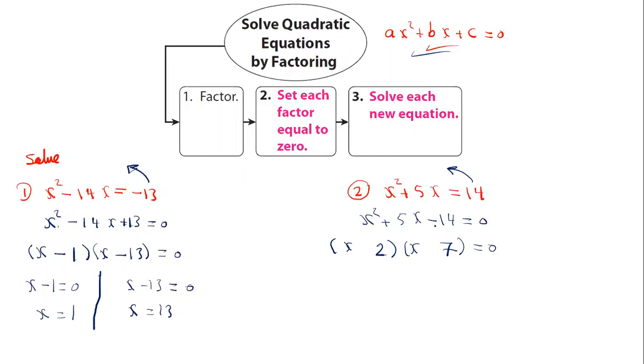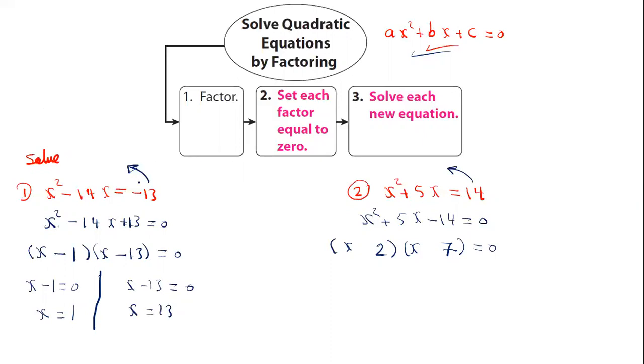Because the last sign is negative, I have to get two numbers whose product is 14 and whose difference is 5. Okay, so 2 times 7. Now for the sign. The greatest factor will take the sign of the midterm. Why? Because the last sign is negative.